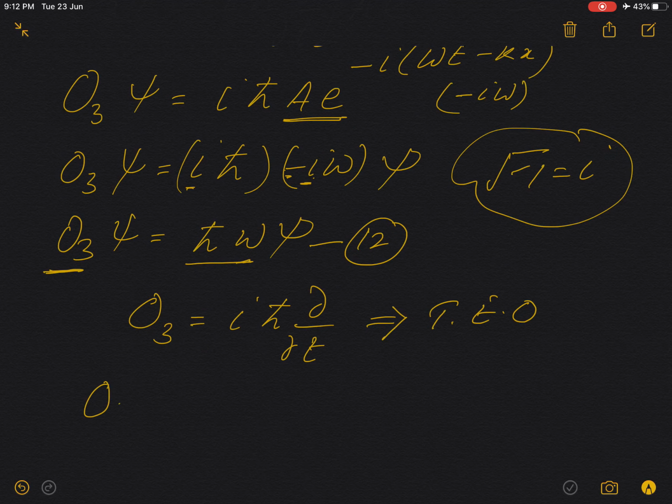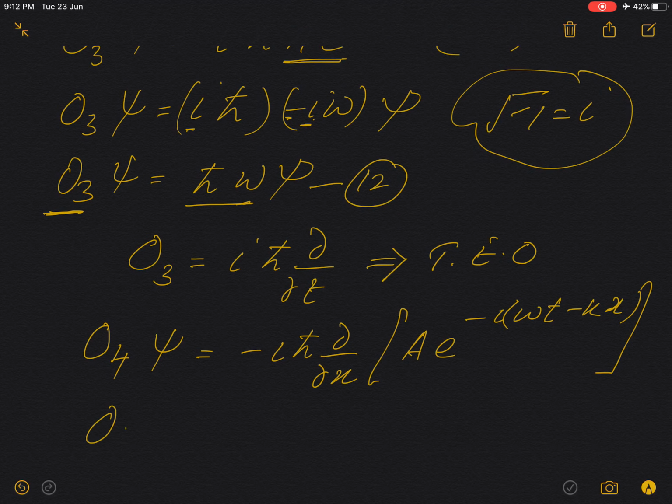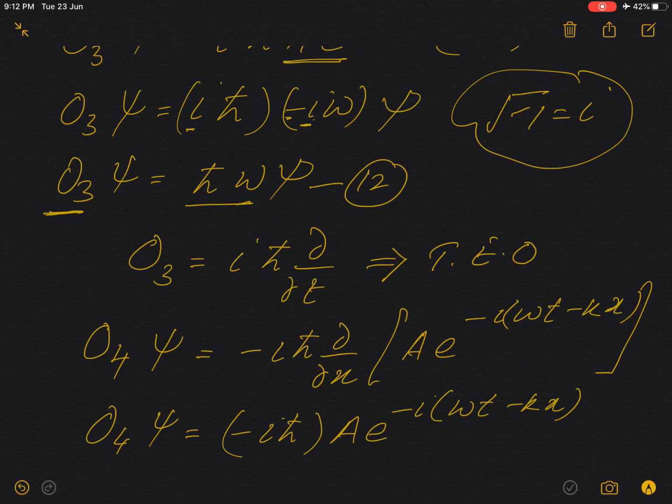Let me take the other example. O4 operated on psi, which is exactly minus iħ del by del x. And when it is operated on e raised to i(ωt minus kx). Now this is simple. O4 when operating on psi gives me minus iħ as it is. Now when I differentiate this expression, this being an exponential term, e raised to i(ωt minus kx) will be there as it is.